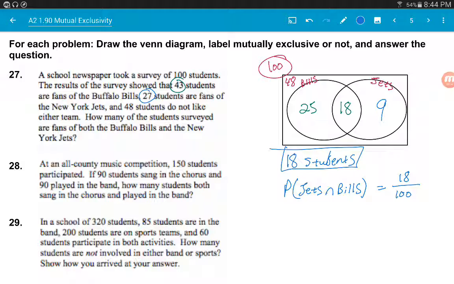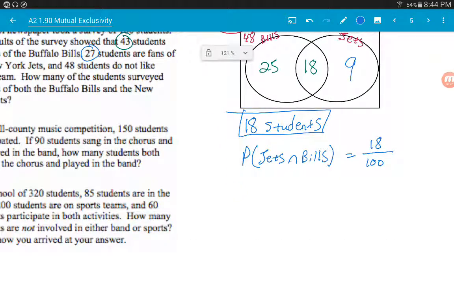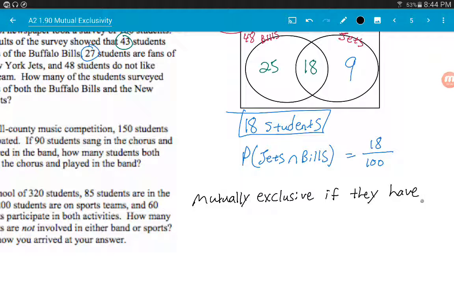Now, I just want to clarify one thing about mutual exclusivity. These two are not mutually exclusive. Okay? These two are not mutually exclusive. The concept of mutual exclusivity is that things are mutually exclusive if they have no overlap.